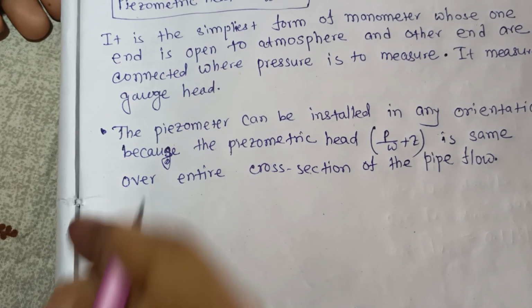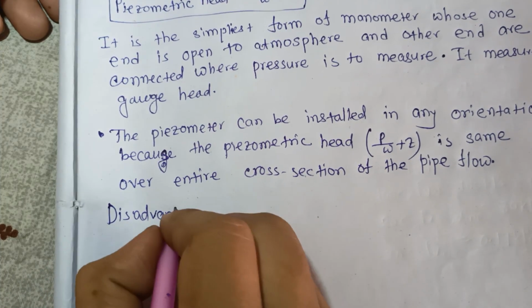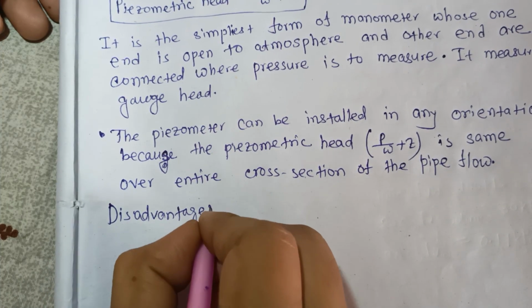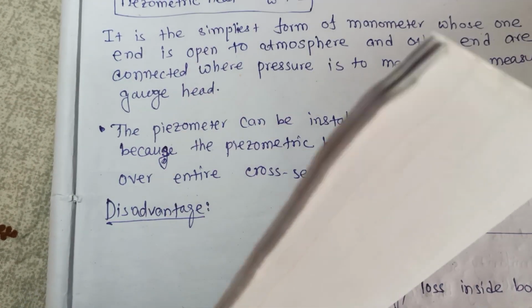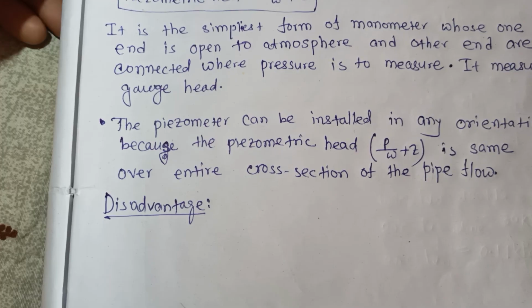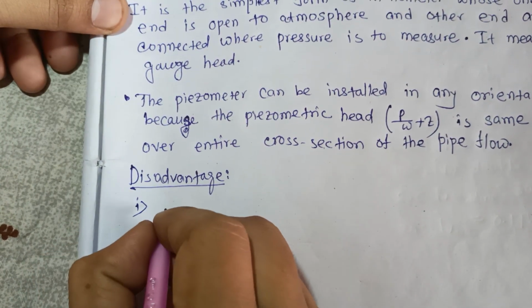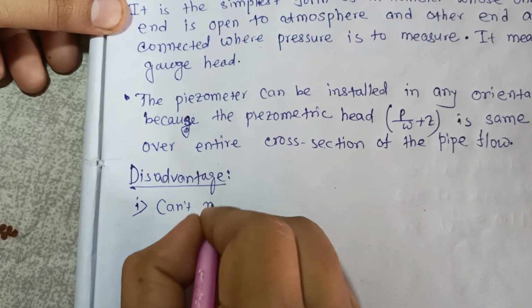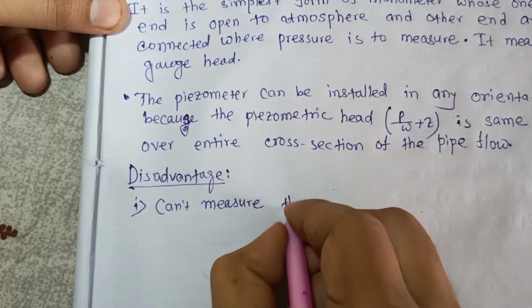So what are the disadvantages? The disadvantages are that, first, it cannot measure the gaseous pressure.